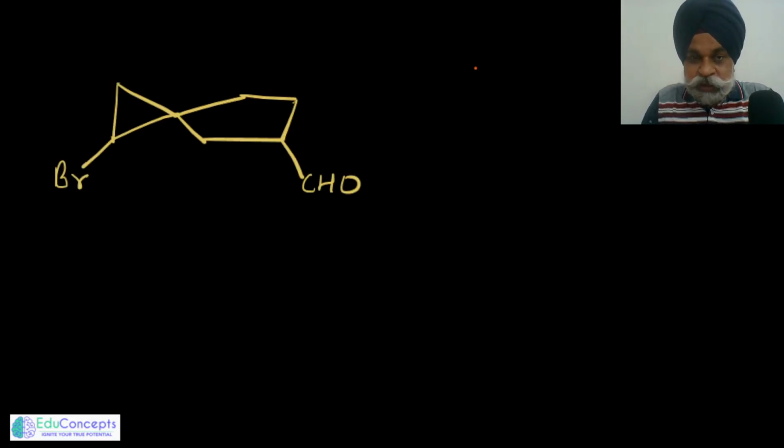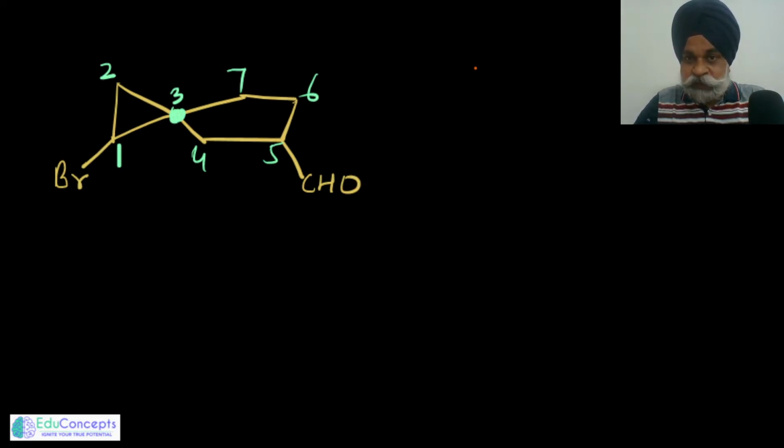Coming on to the next one, here you have again the smallest ring on this side, 1, 2, 3. So should I go this way, 4, 5, 6, or 4, 5? Obviously I should go from the lower side. So here it would be 4, 5, 6, 7.